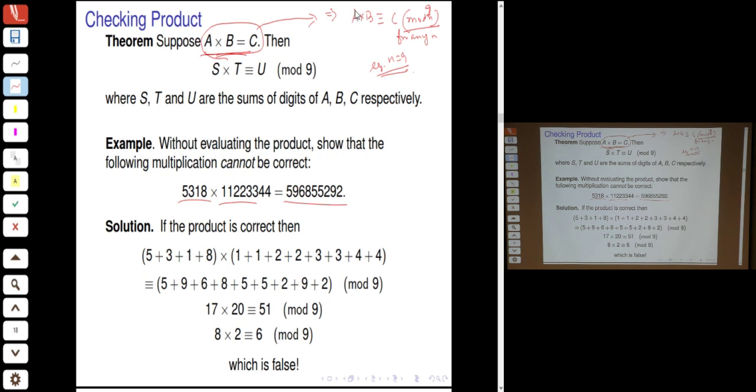But once you try to check this for n equal to 9 instead of a general n, you can recall that A is congruent to S mod 9, where S is the sum of the digits of A in the decimal representation.